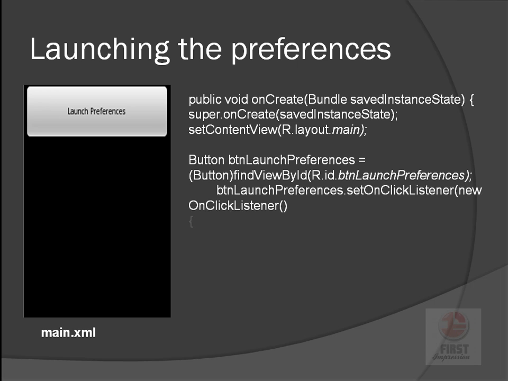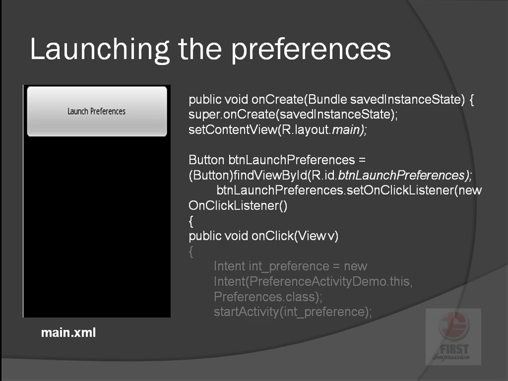Inside the onClick listener, we will use an intent, int preference equals new intent, and we'll pass the name of the activity.this, comma, the activity which we want to call. We want to call the preferences activity, so we'll say preferences.class and we'll say start activity int preference. So it will actually start the preference activity for us and there we have two preferences, the base level and the mute.